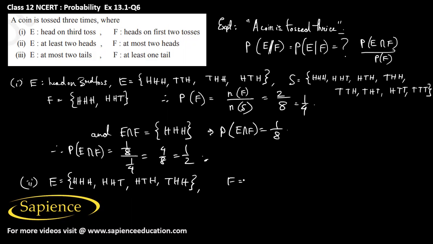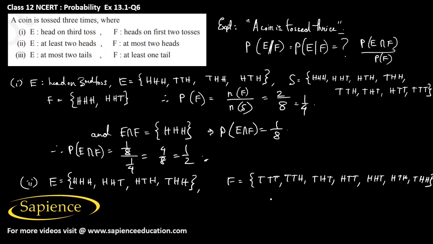Then F is told at most 2 heads. At most means I can have no heads, that is tail, tail, tail. And I can get 1 head, that is tail, tail, head, then tail, head, tail, and then head, tail, tail. So here we have 1 head and 2 heads also. 2 heads means it is head, head, tail, then head, tail, head, then tail, head, head.